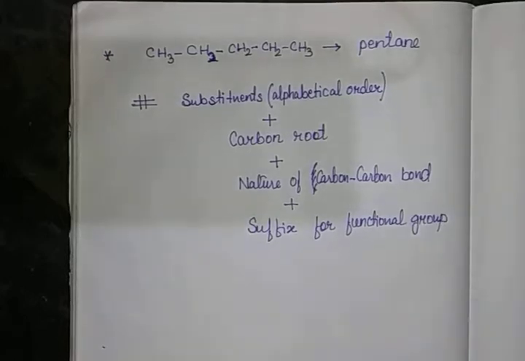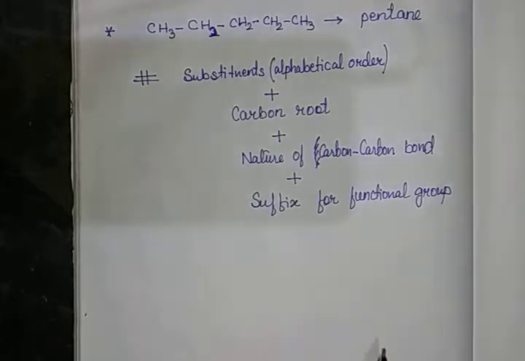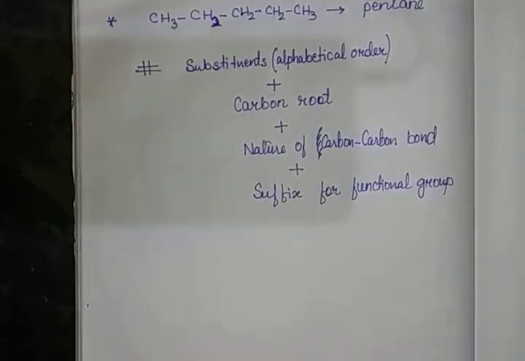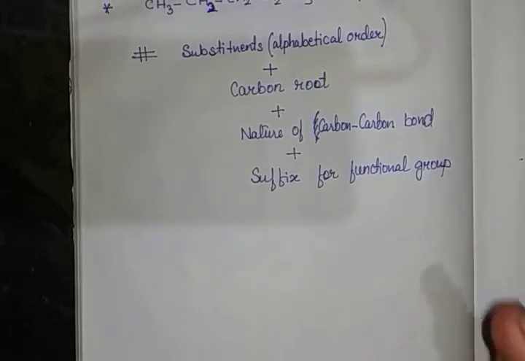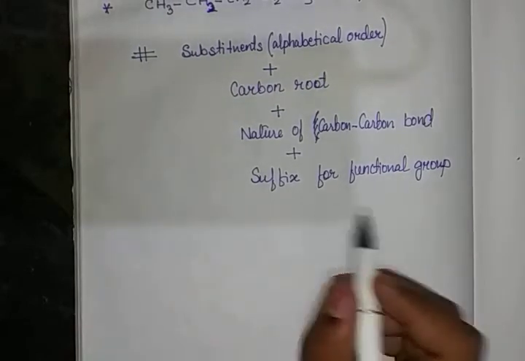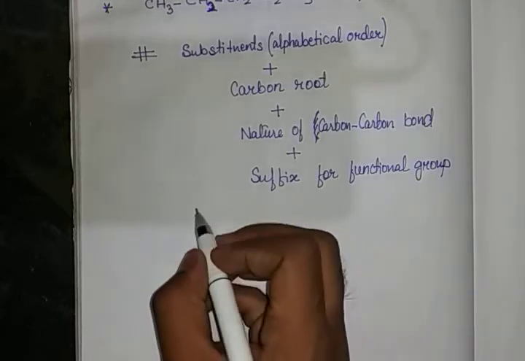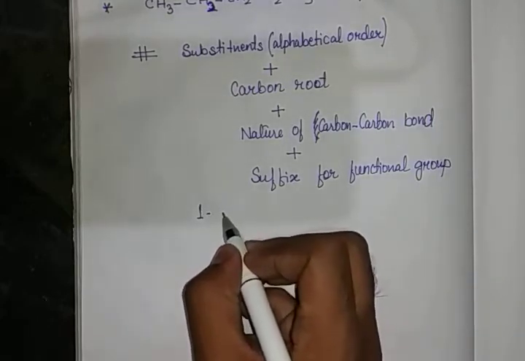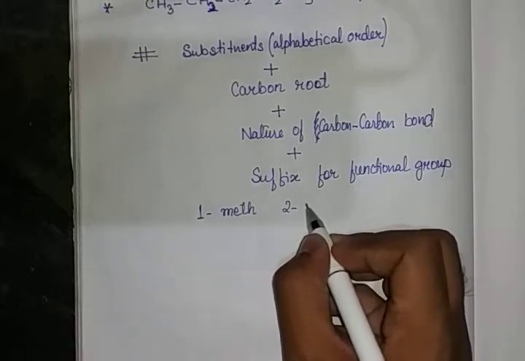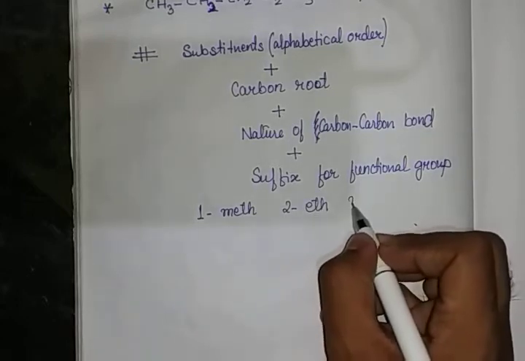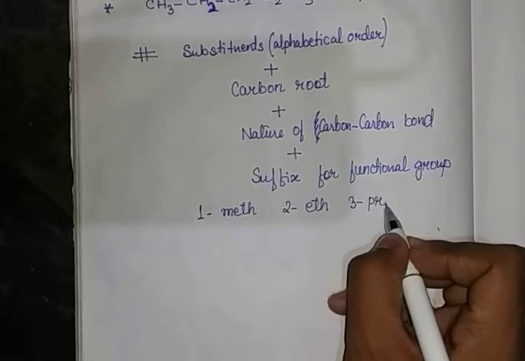Now, what are all these things we have to know? Carbon root means how many total number of carbons are present in the given compound. If one carbon is present, we have to write meth. If 2 carbons, then eth. If 3, then prop.